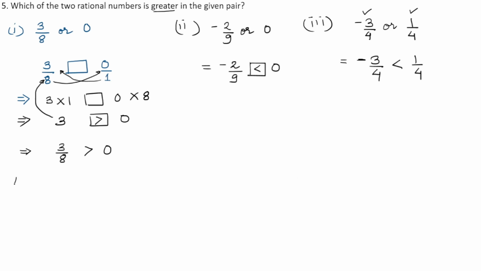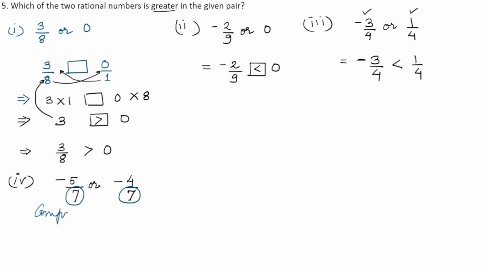Now coming to the next question, that is question number 4. Question number 4 is you have to compare two negative numbers. So it is minus 5 by 7 or minus 4 by 7. Now look children, again here, if you see the denominators are same. In this case, when the denominators are same, no need to do cross multiplication. Just compare the numerator.